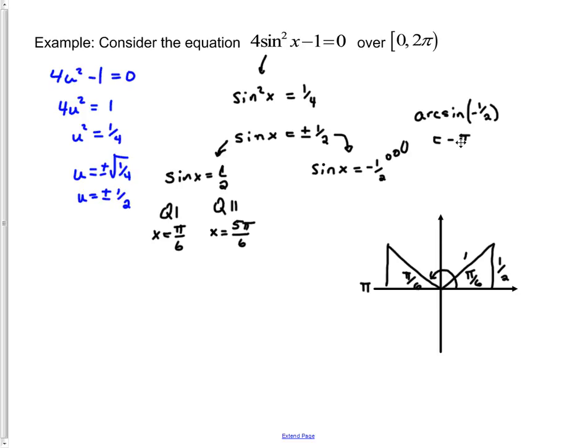And negative pi over 6 is not within the range of values that we're interested in here. We wanted to find our values on the interval from 0 to 2 pi.